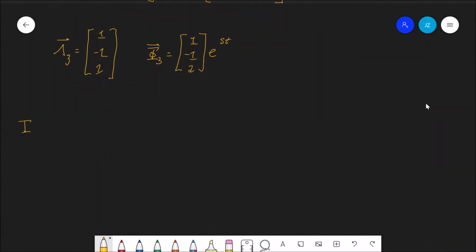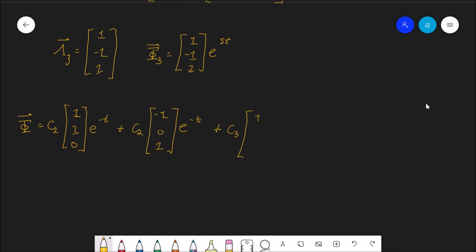And so our general solution is C1 times 1, 1, 0, e to the negative t, plus C2 times negative 1, 0, 1, e to the negative t, plus C3 times 1, negative 1, 1, e to the 5t.